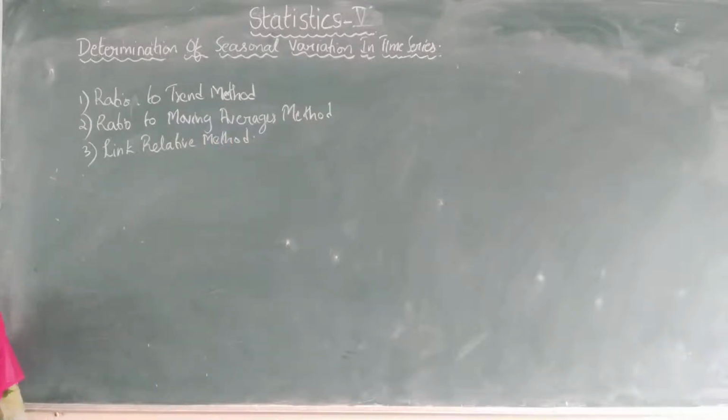So these are the three methods which are covered in our syllabus: the ratio to trend method, the ratio to moving averages method, and the linked relatives method.